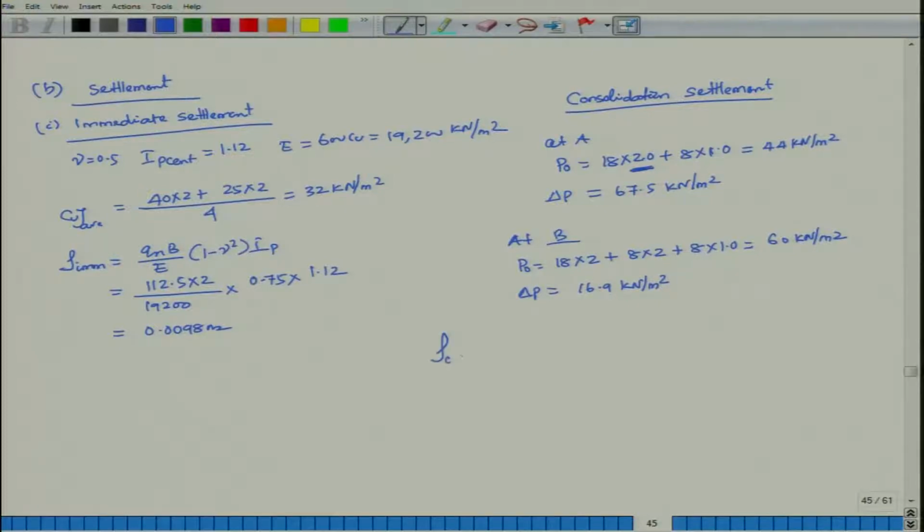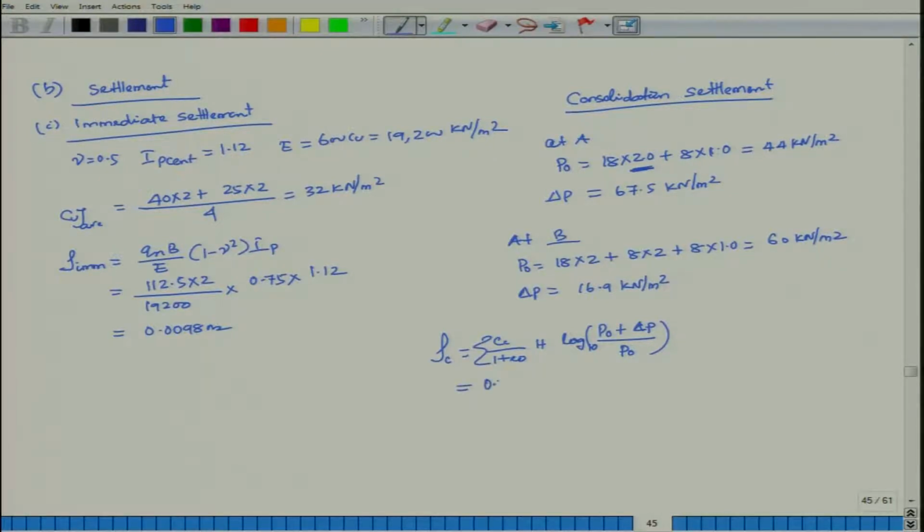So, consolidation settlement is equal to Cc by 1 plus E0 H log 10 of P0 plus delta P by P0, because there are two terms.